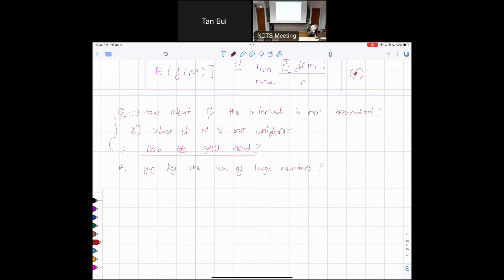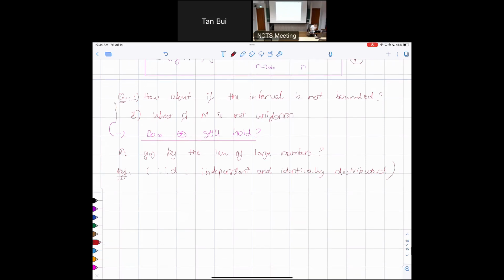Definitions, to actually make things a little bit more rigorous. IID, or independent and identically distributed.